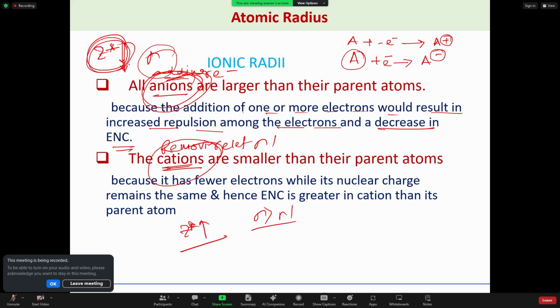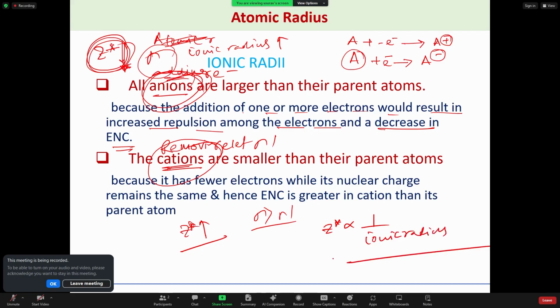When the effective nuclear charge decreases, the ionic radius for that anion will increase. So again, Z star is inversely related to the ionic radius. When Z star increases, the ionic radius will decrease for the cation. But for the anion, the Z star value decreases, so the ionic radius will increase.